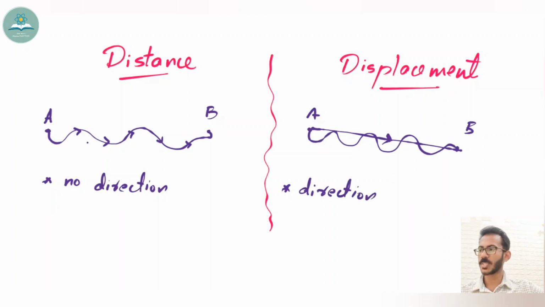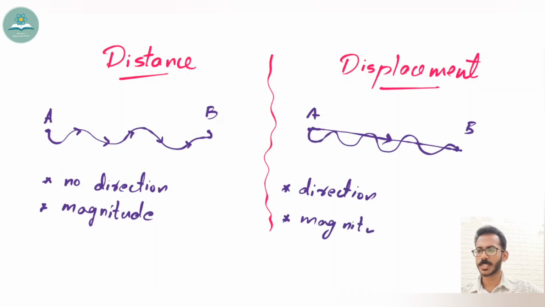This complete path can be measured, and even this shortest distance can be measured. So here, both can be measured, which means both have some magnitude. Magnitude is nothing but the numerical value. If it is 2 km, there 2 stands for the magnitude. So in both the cases, magnitude is present.